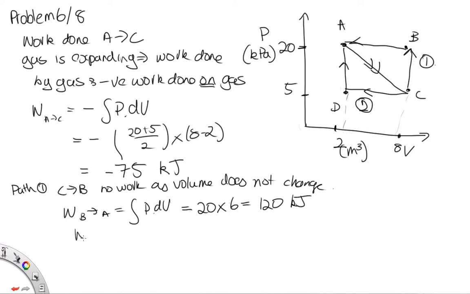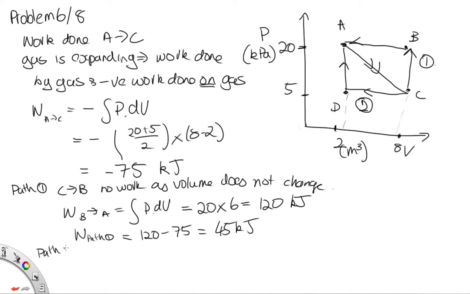Which means that the work for path 1, which includes going from A to C and then back, well, from C to B and B to A, we just sum all the works to get the total work. It's 120 minus 75, which is equal to 45 kilojoules, and it's positive because there's positive work here, which is larger than this negative work.